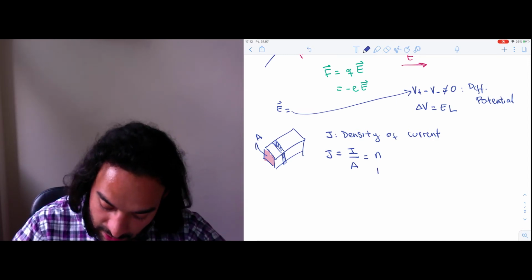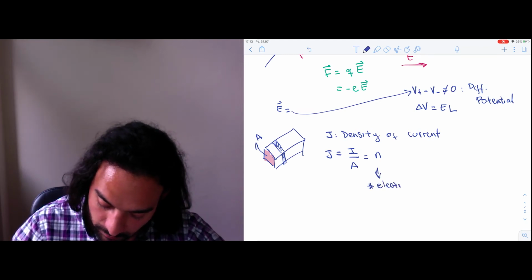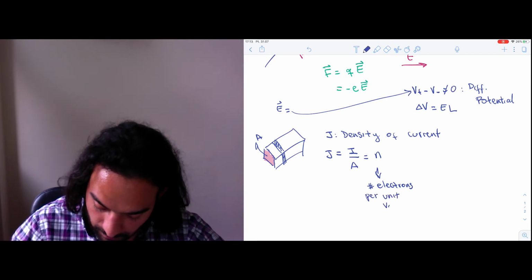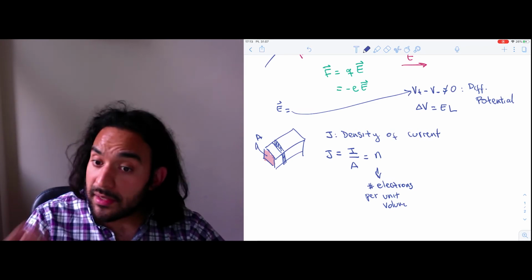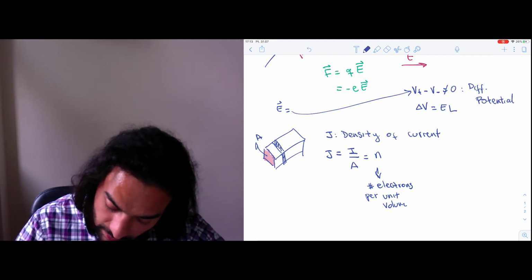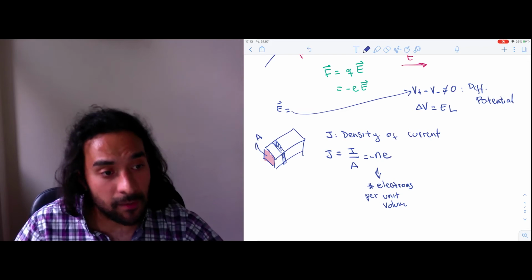So this n would be the number of electrons per unit volume, right? So this current would be the density of electrons per unit volume multiplied by, of course, the charge of the electrons. That would be minus e, right?